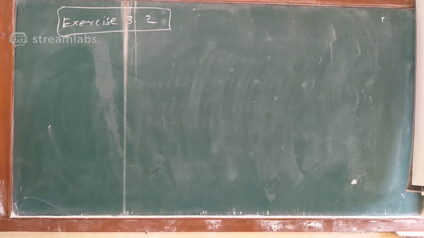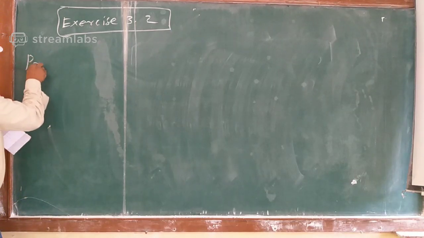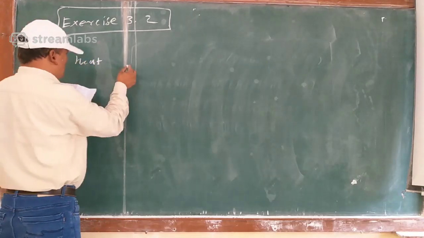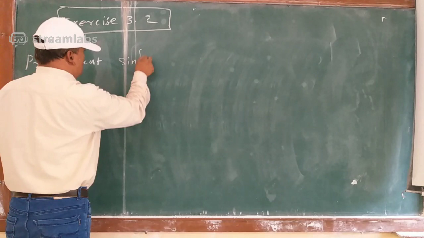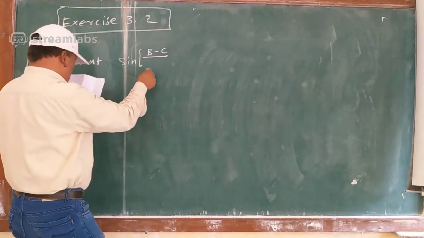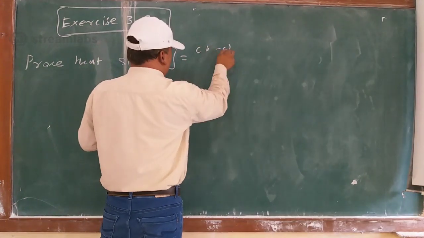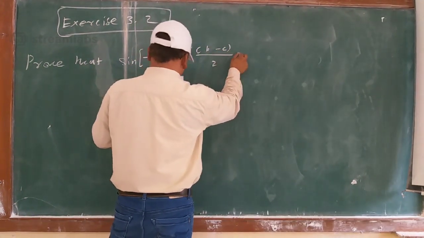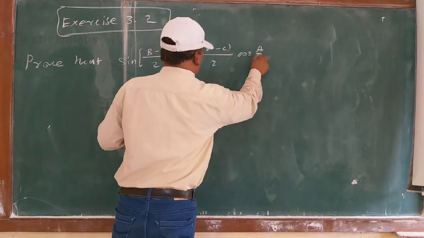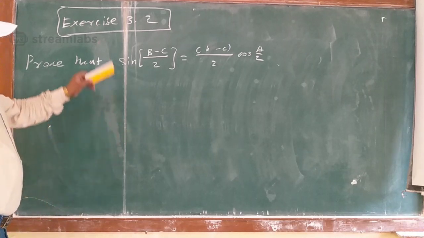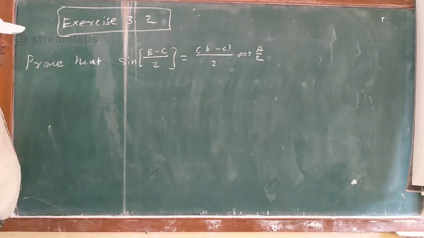So see, very first: with usual notations in triangle ABC, prove that sine of (b minus c) upon 2 equals (b minus c) upon a times cos of a by 2. You have to write the proof for this relation.